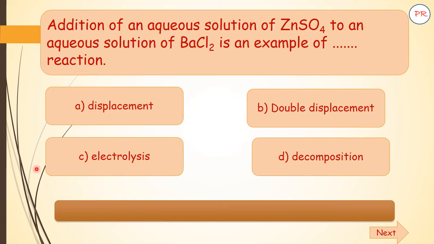Addition of an aqueous solution of ZnSO4 to an aqueous solution of BaCl2 is an example of dash dash dash reaction. A. Displacement, B. Double displacement, C. Electrolysis, D. Decomposition. Your time starts now.